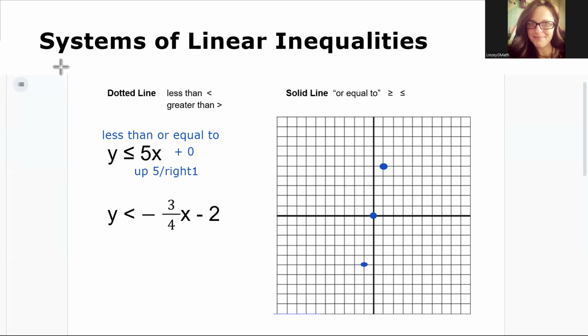Now let's take a look at the inequality part of our inequality. We have less than or equal to, so we will use a solid line.